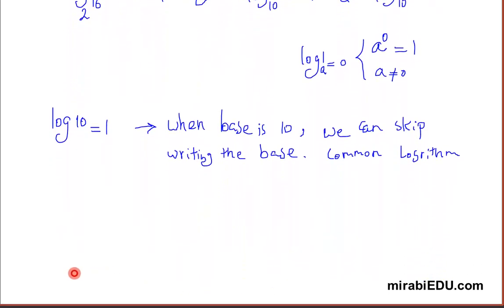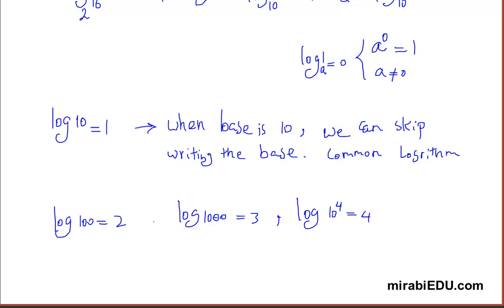So we can say logarithm of 100 is 2, because 10 to the second power is 100, and the logarithm of 1000 is 3, and the logarithm of 10 to the 4 is 4. As you see, very large numbers are transformed into smaller numbers.